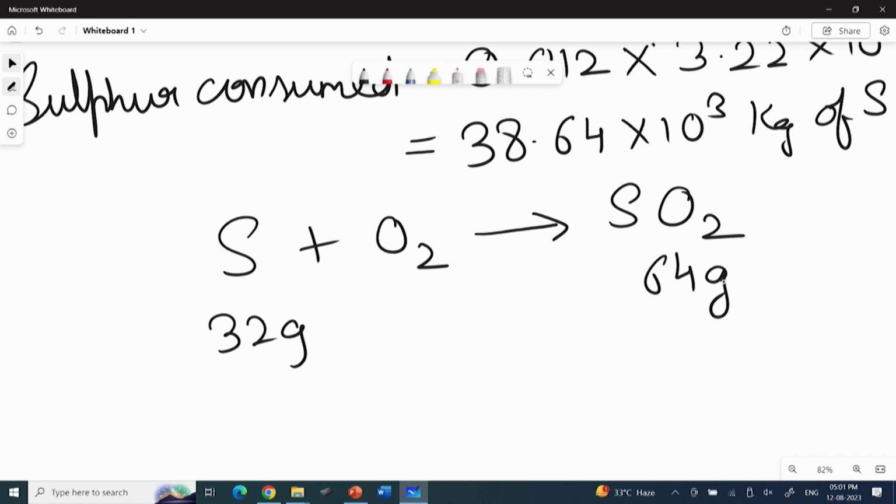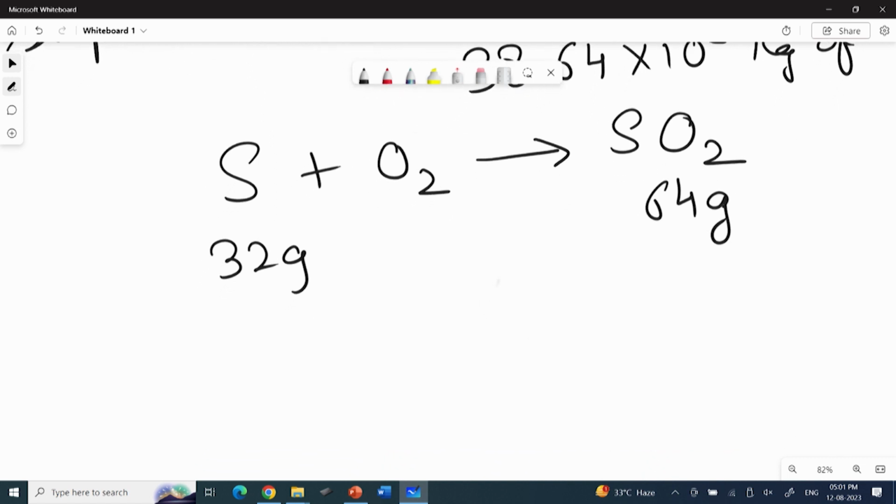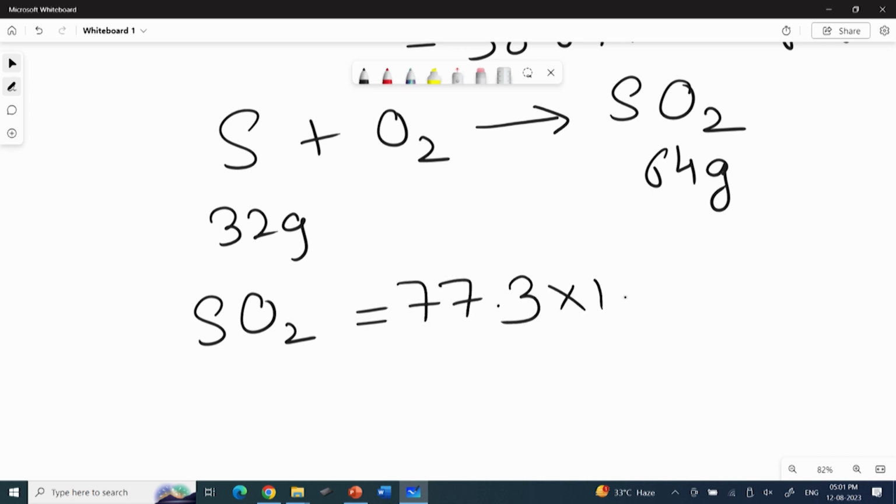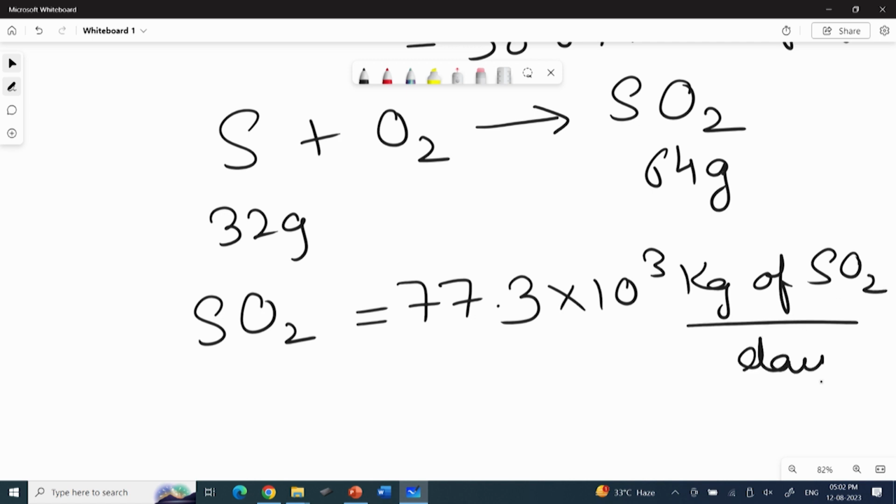Or 1 kg of sulfur will be producing 2 kgs of SO2, and so the total SO2 emissions from this particular process would come around to be 77.3 into 10 to power 3 kgs of SO2 per day.